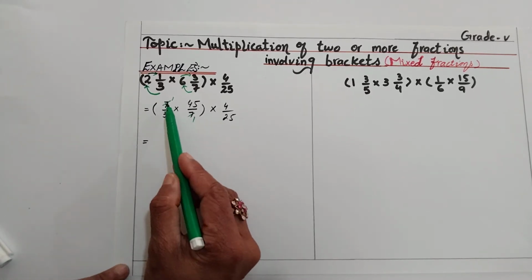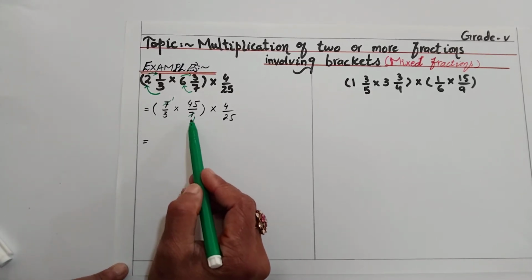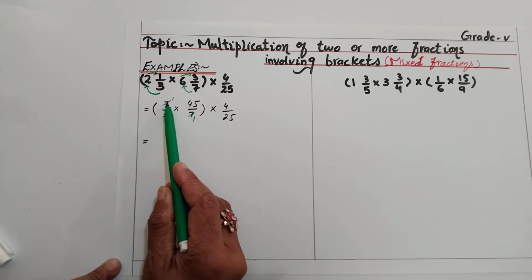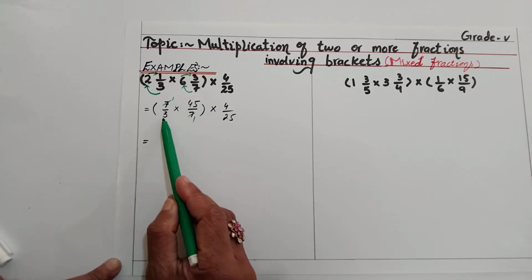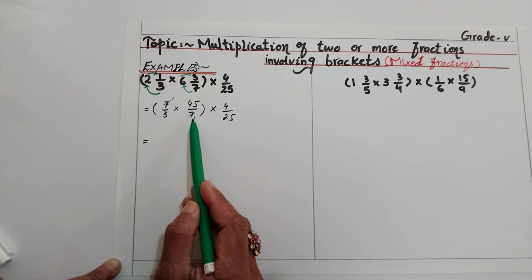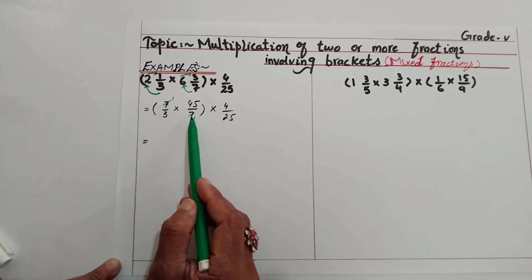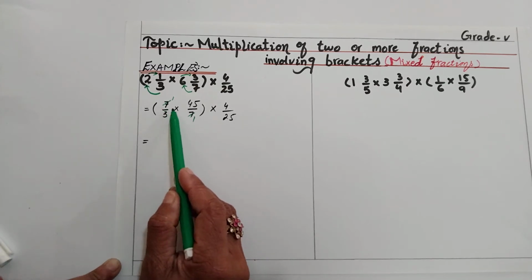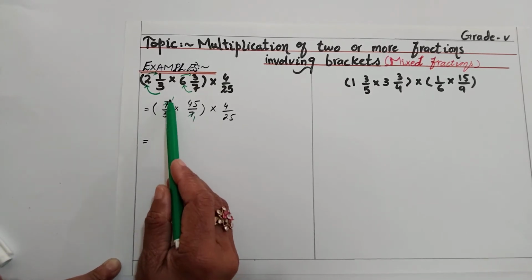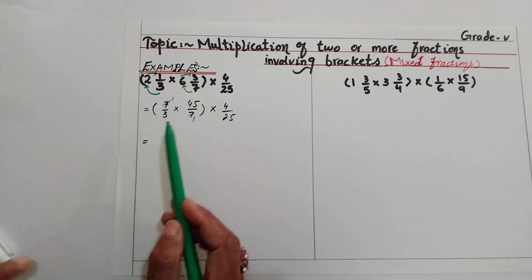If you don't have any possibility of cancellation, then simply multiply the numerator by the numerator and denominator by the denominator. Here I will cancel the 7 by 7 because 7 is the common factor of these two. So 7 ones are 7 and 7 ones are 7.